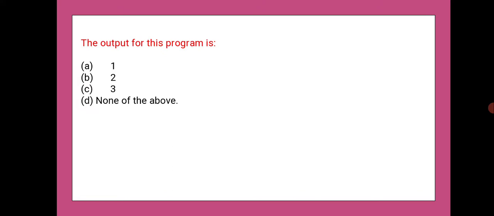Any guesses what the output of this program would be? The options are: A, 1; B, 2; C, 3; or D, none of the above. It's obvious from the question: the middle element, 2, that is B. So the answer is B.